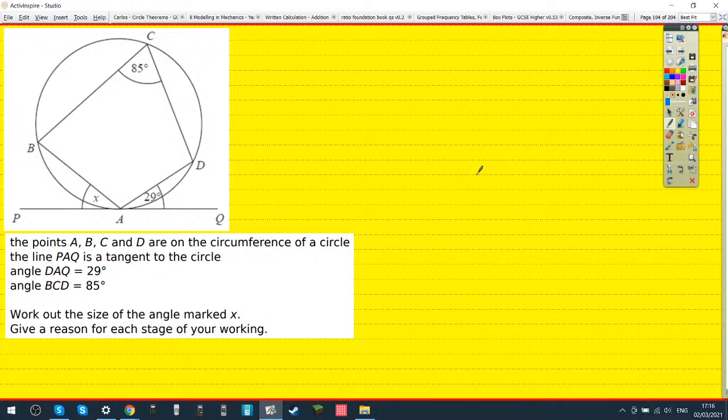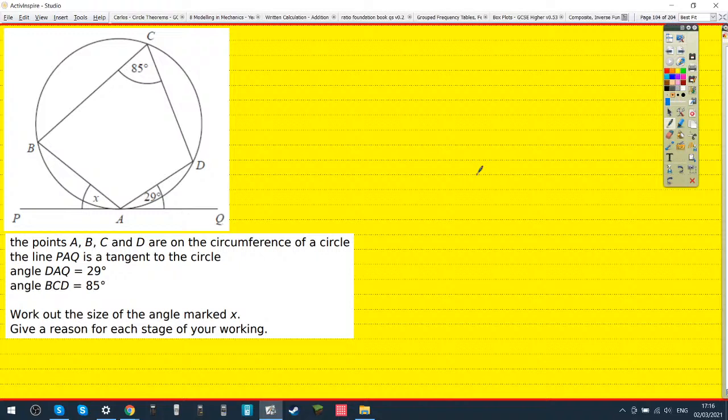It is a tangent to the circle. So that means the straight line adds up to 180. Yeah, straight lines are always 180. Okay. So I need to find out what X is.